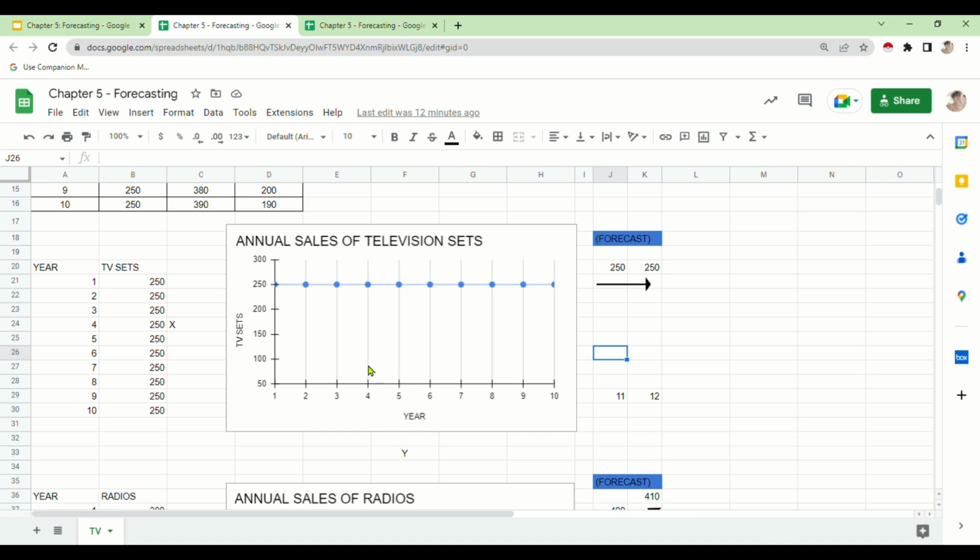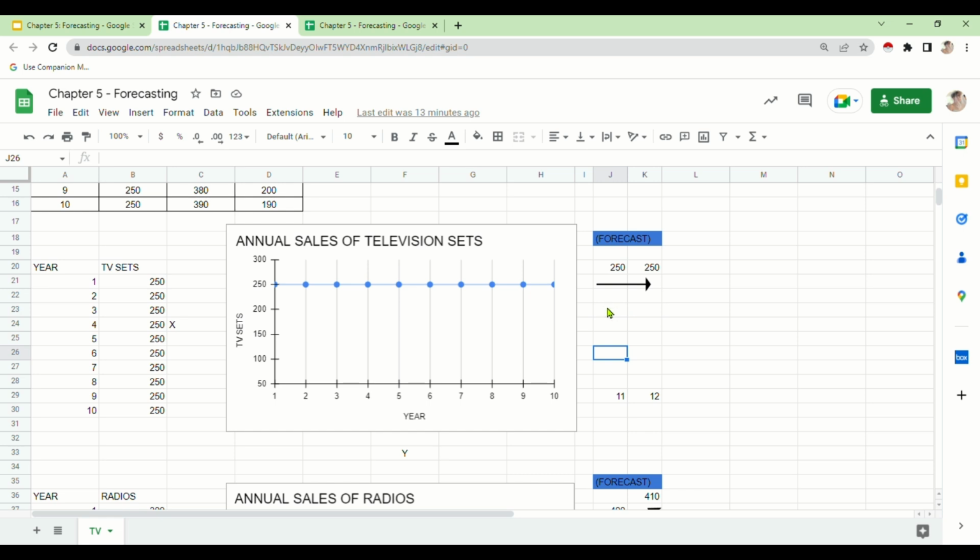Given the data, sales appear to be constant over time. So from year 1 to 10, sales is 250 TV sets, constant at a rate of 250 TV sets per year.